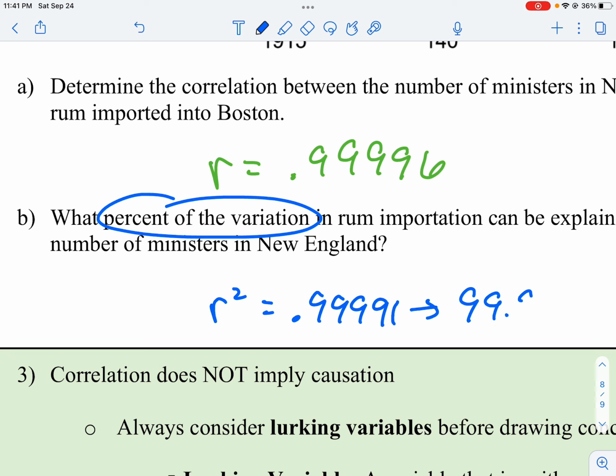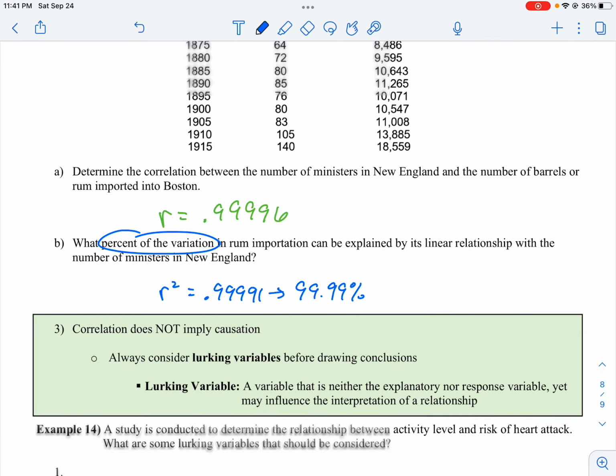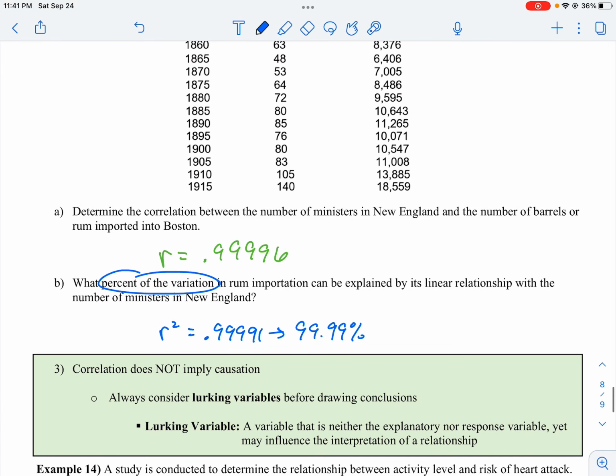Therefore, 99.99%. Almost 100%, which means that the number of barrels of rum imported into New England on any given year was 100% based on the number of ministers that there were.